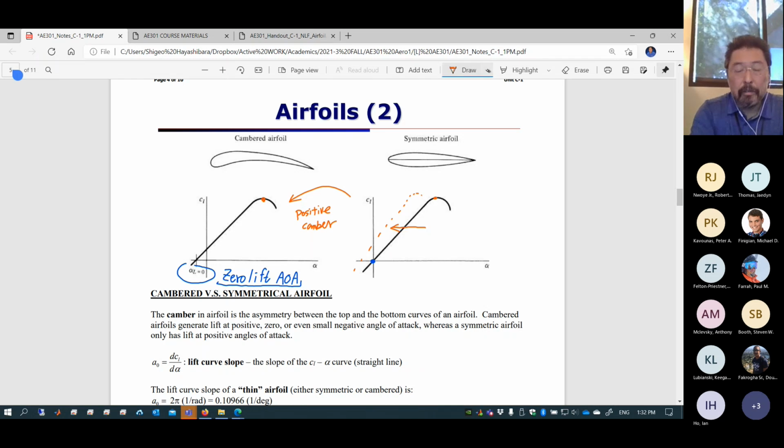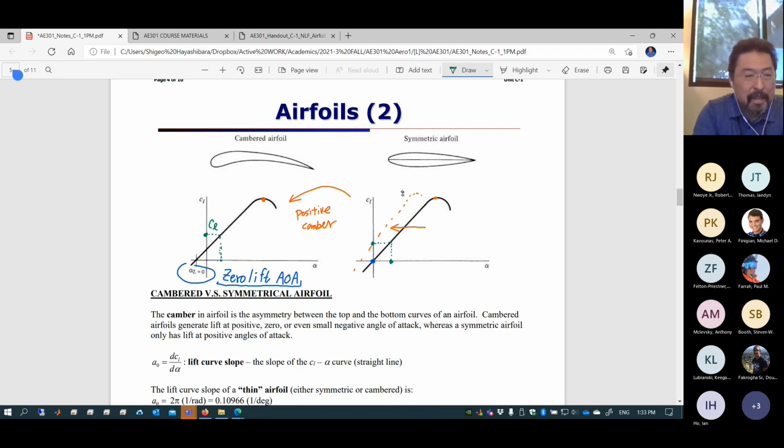What it does is the following. Let's say for the symmetric airfoil, this much angle of attack corresponds to this much lift coefficient. For the positively cambered airfoil with the same angle of attack, you are now creating a higher value of CL.